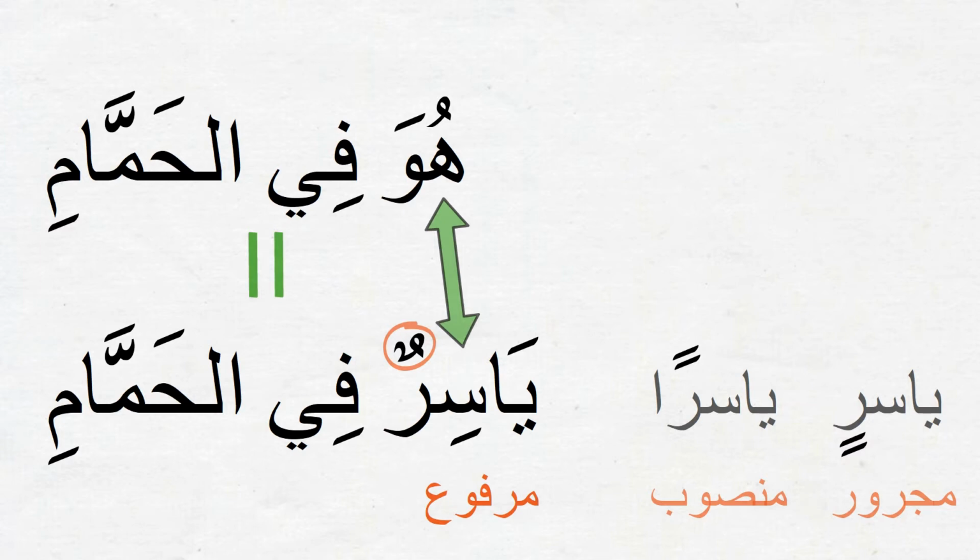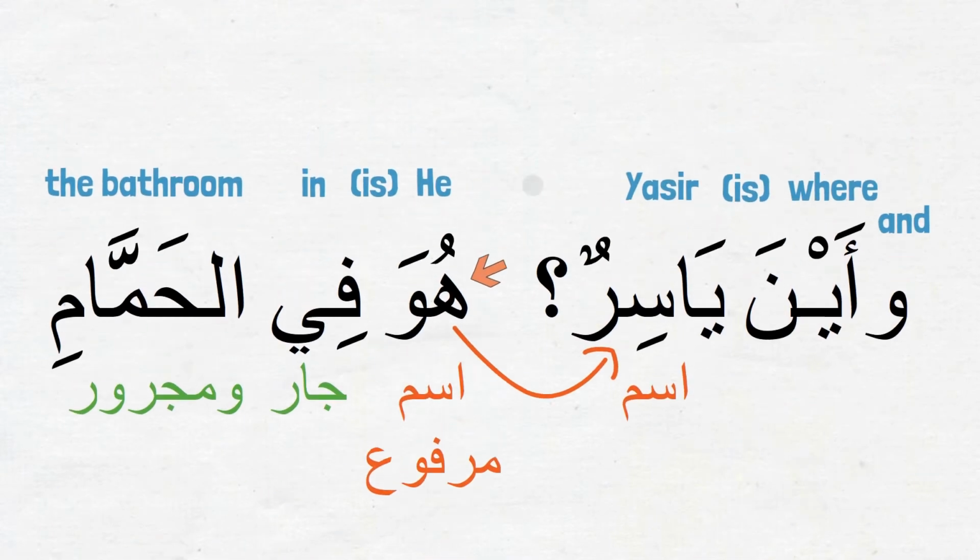And because yasirun is marfu', the word huwa that is replacing it is also marfu', even though it doesn't have an apparent sign. This is one additional detail about pronoun words that we are learning. Besides them belonging to ism type words, these pronouns are marfu' because they replace marfu' ism only. Try to keep this in mind, okay?